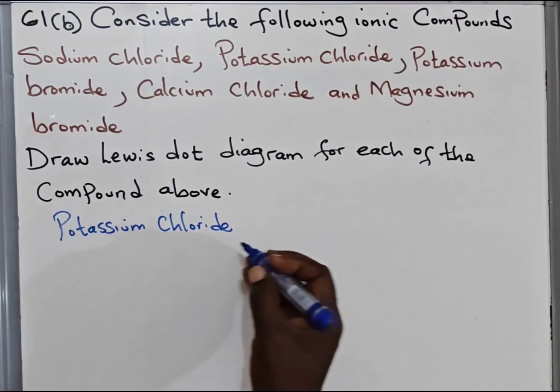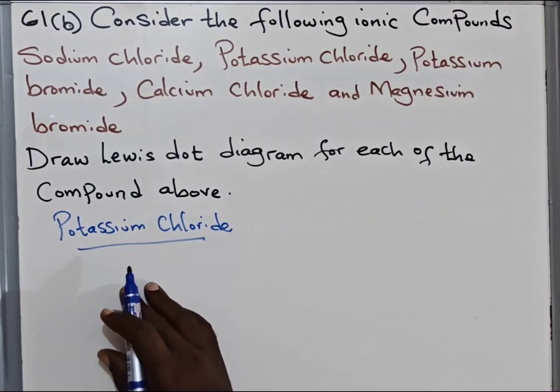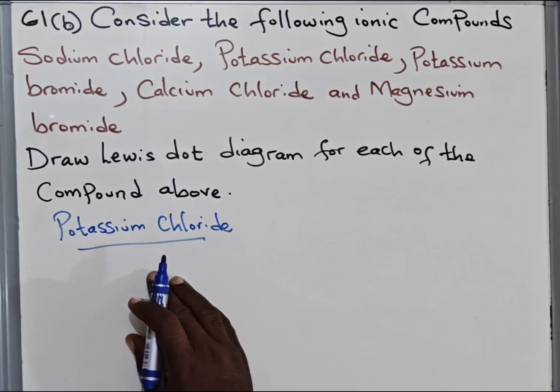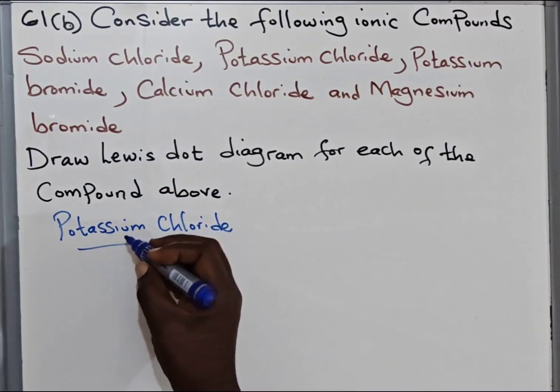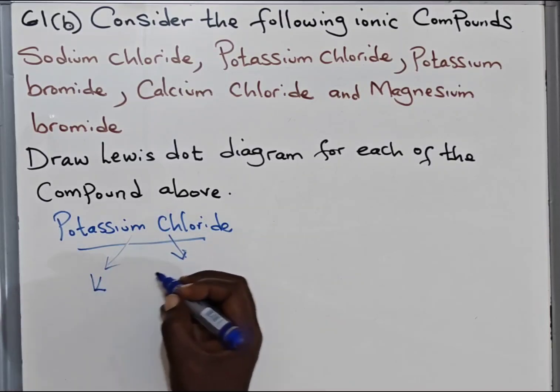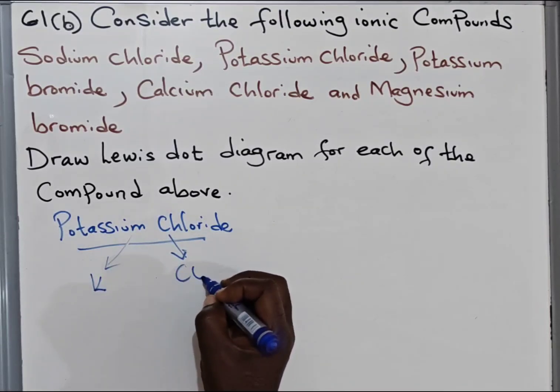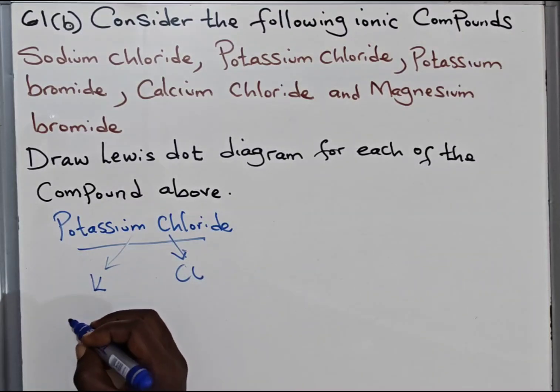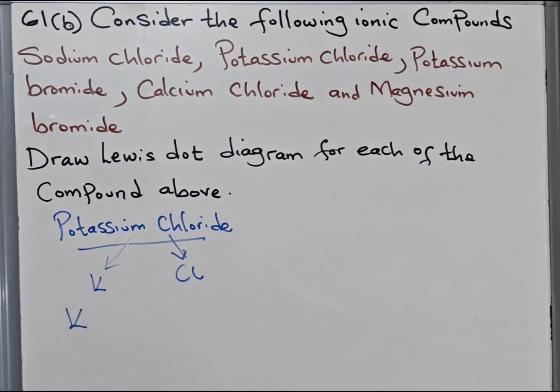Yeah, then we come to the Lewis dot diagram of potassium chloride. We need to remember that this one is made up of two elements. One is potassium and the other one is chlorine. Okay, if you start with potassium, what do we know? We know that potassium belongs to group 1. Group 1 has 1 valence electron. Okay?